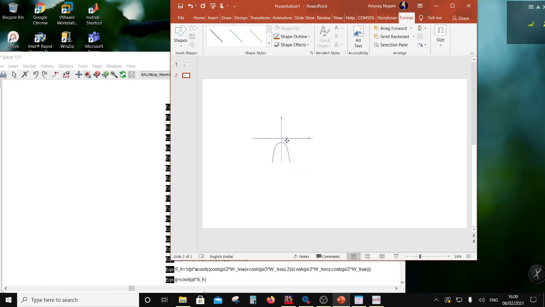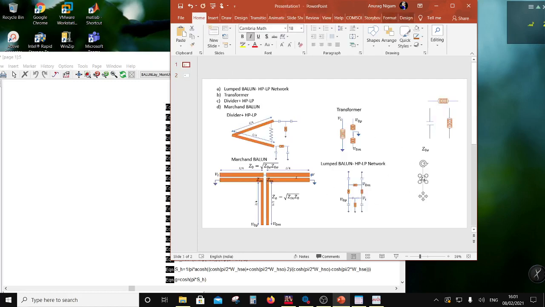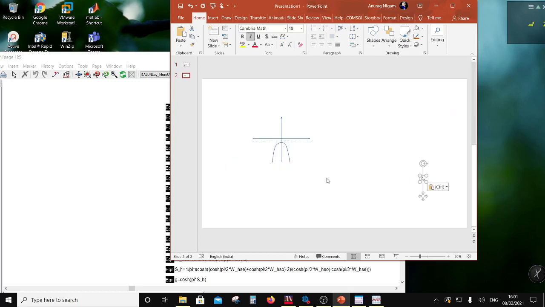Okay, so let's say this is the 3 dB line, and this axis is frequency.